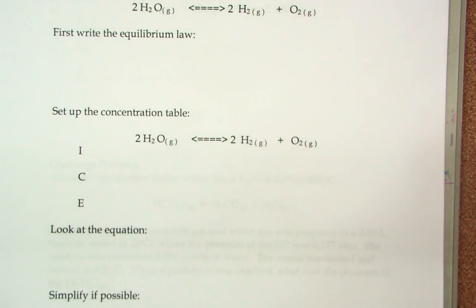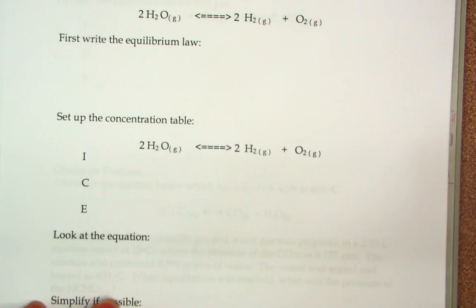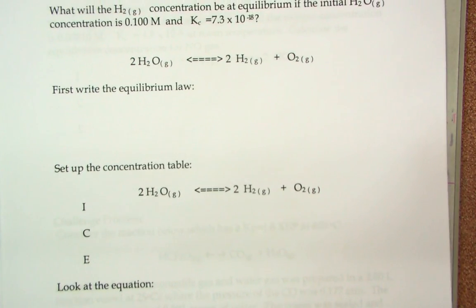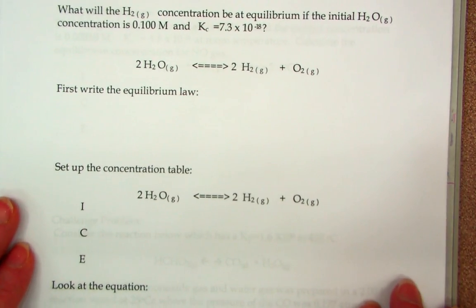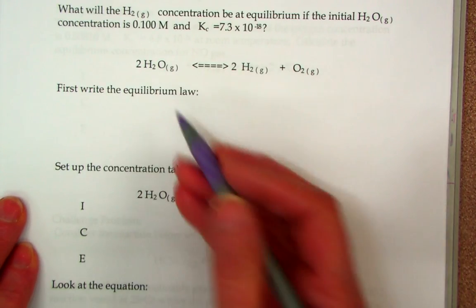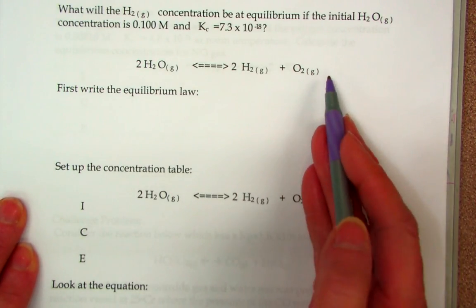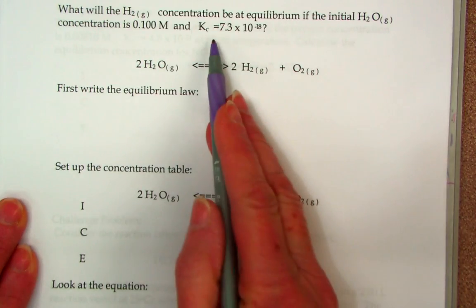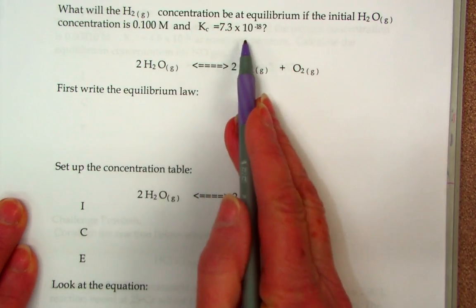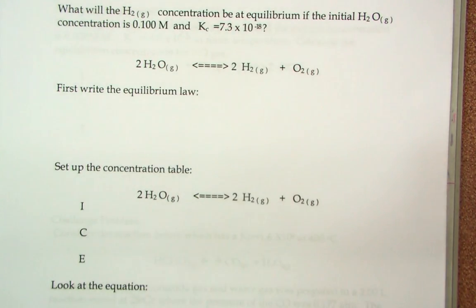So let's look at an example where we go through this and make this kind of assumption. What's the hydrogen concentration at equilibrium for this water-gas equilibrium, if the initial water concentration is 0.1 molar and Kc is 7.3 times 10 to the negative 18th? Is that a small K? Yeah, that's really small. So it's safe to make these assumptions.